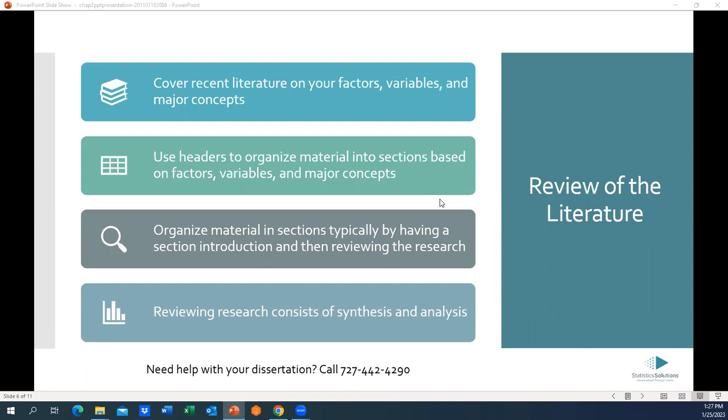Now, once you have the headers, if you need subheaders within those to further organize the material, that's fine. Remember, this is going to be a lot of information. It's going to be not only reader friendly, but writer friendly if you section it out, or maybe make an outline. Again, base it on what you're studying, your variables, your major concepts. Have a section for each one that includes a review of the literature.